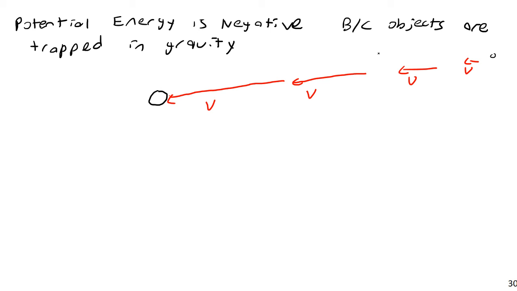And that energy had to be paid. Energy was released in order to get them down here. And so they've already released their energy. They've already released their potential energy.